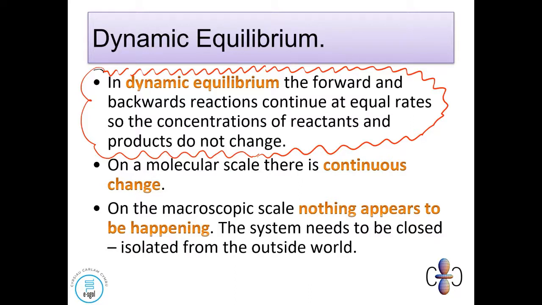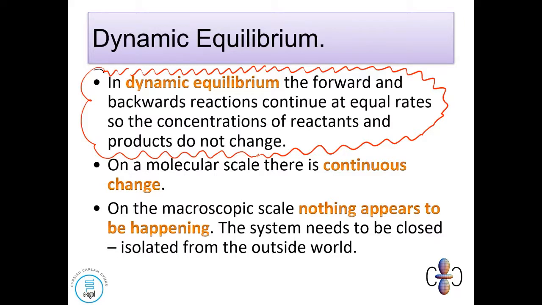So dynamic equilibrium there is, in my definition, the point at which the forward and backward reactions continue at equal rates, so the concentration of reactants and products does not change. Okay, so on a molecular scale there is continuous change though, so you have to be clear that there is a change of molecules, it's just that it doesn't appear so.